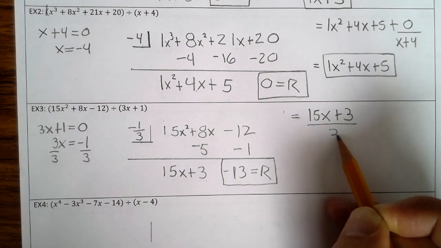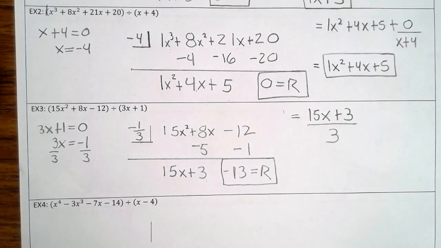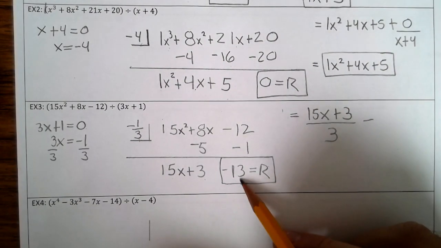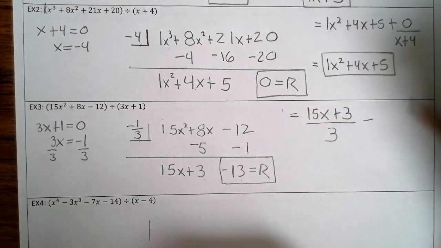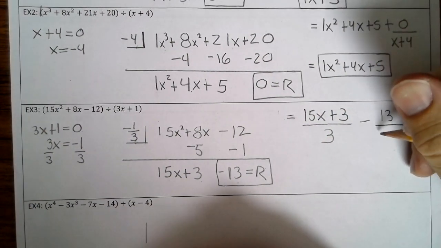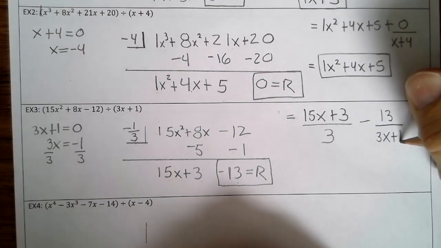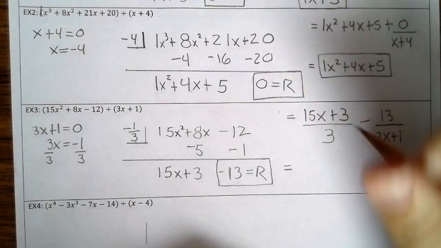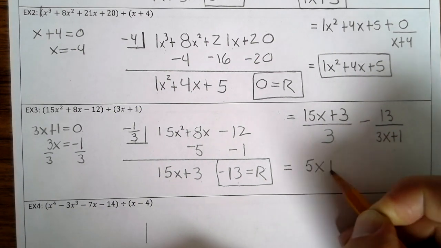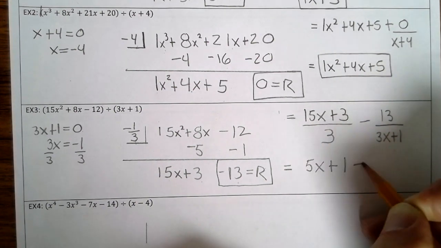And then minus the remainder 13 divided by 3x plus 1. Well, this reduces, so that becomes 5x plus 3 divided by 3 is 1, minus 13 divided by 3x plus 1.